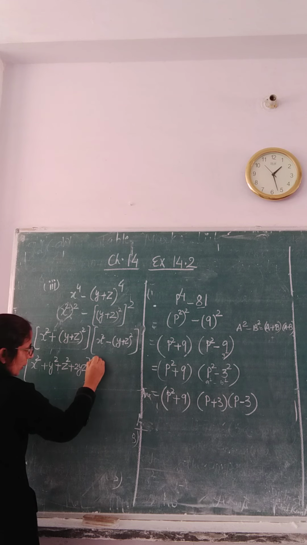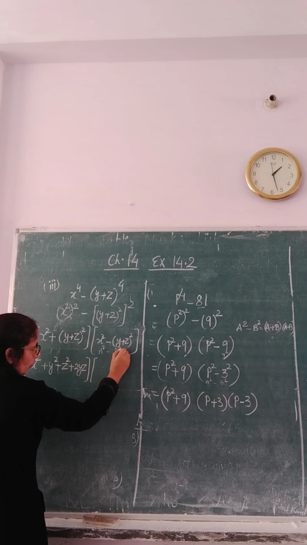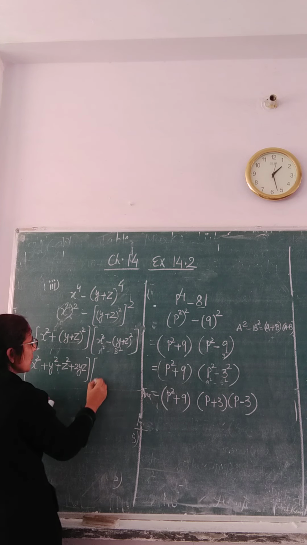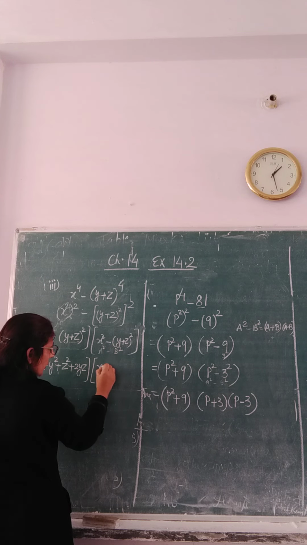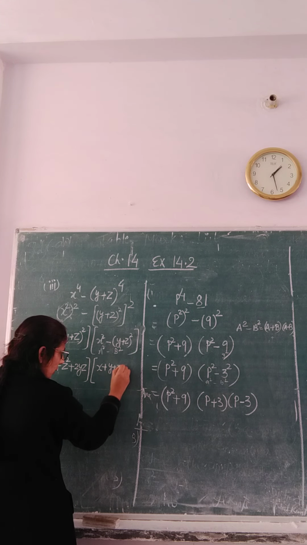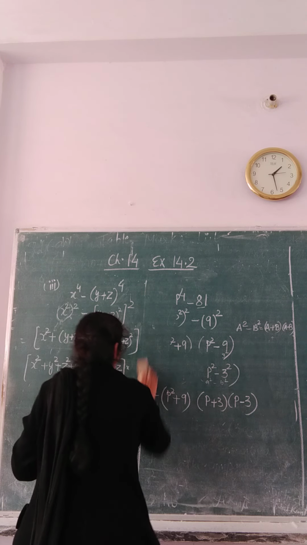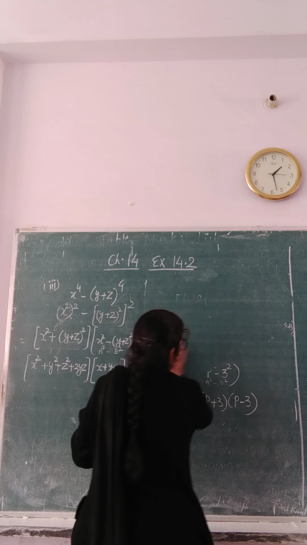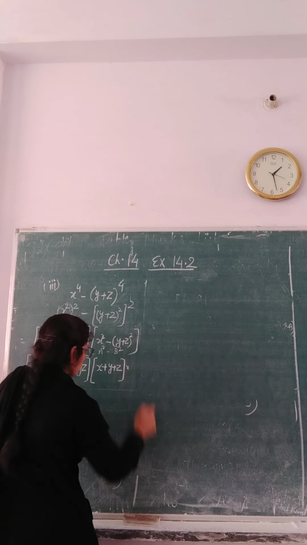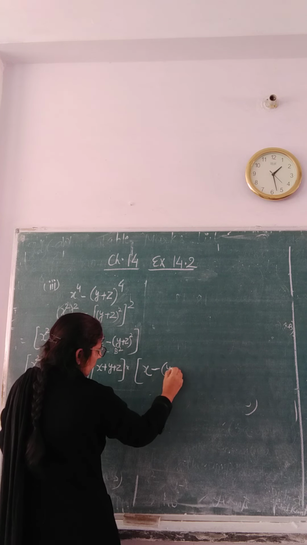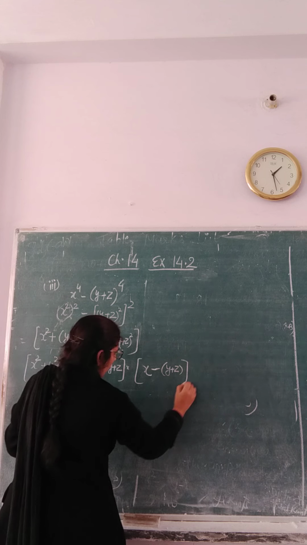This is in one bracket, and the other is a square minus b square, where once these two will be added and other time they will be subtracted. So x plus y plus z, and into there will be one more term. What more term will be there? x minus (y plus z). How can I write it?